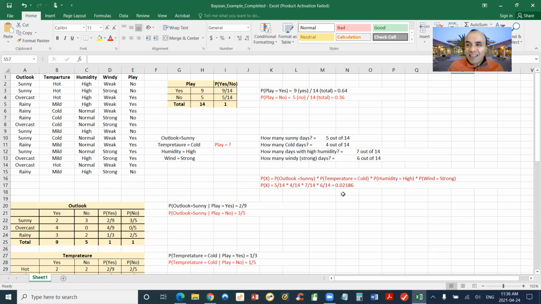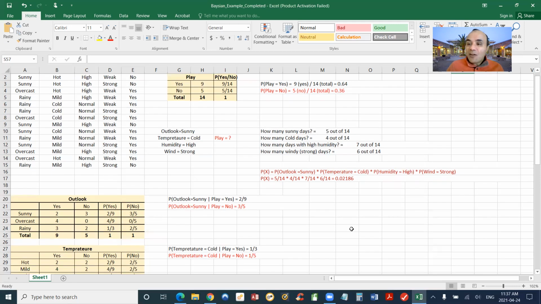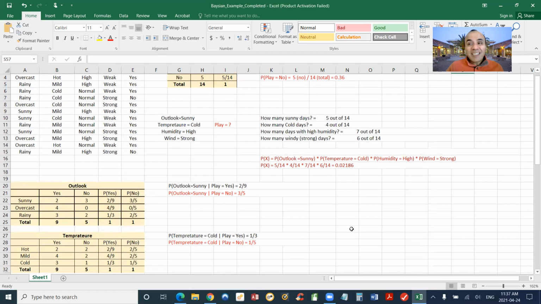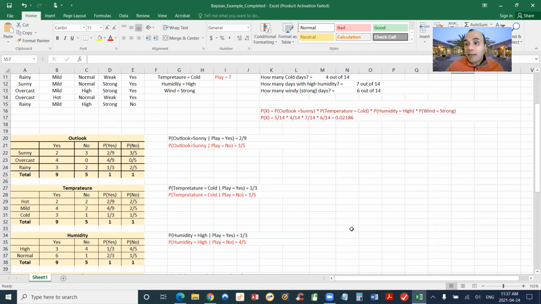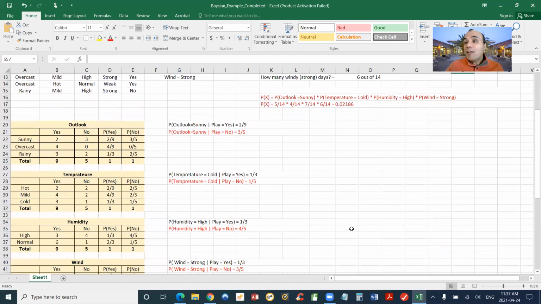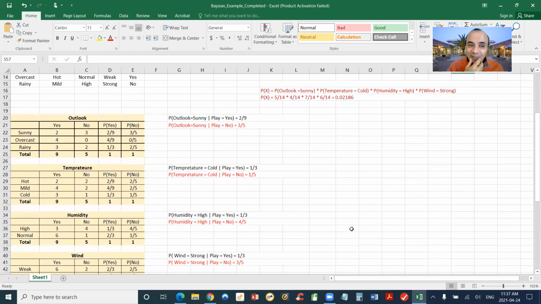I made a little assumption here: that the outlook being sunny, the temperature being cold, the humidity being high, and the wind being strong have nothing to do with each other. I made this assumption to simplify, to make it easy for myself. Therefore, I assumed a weak dependency, or I might dare to say full independence, zero dependency.